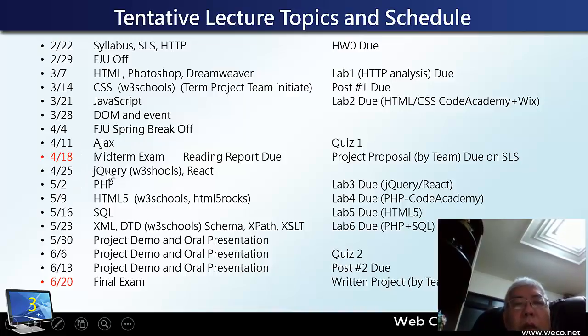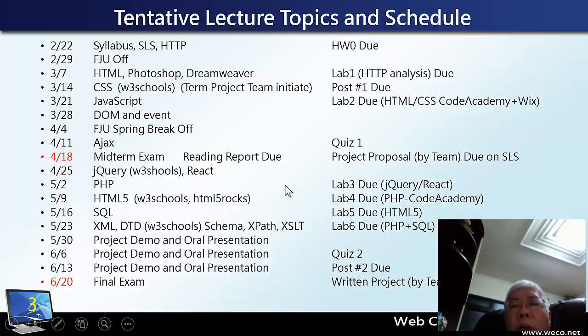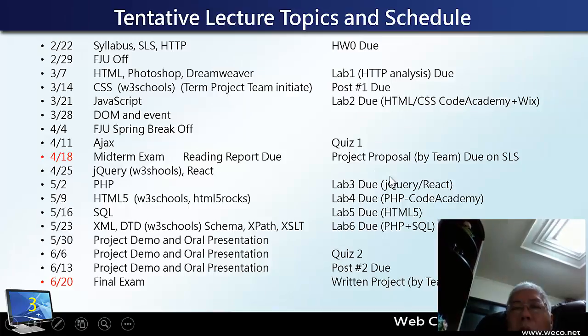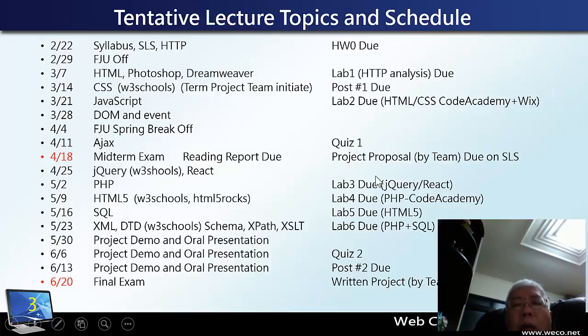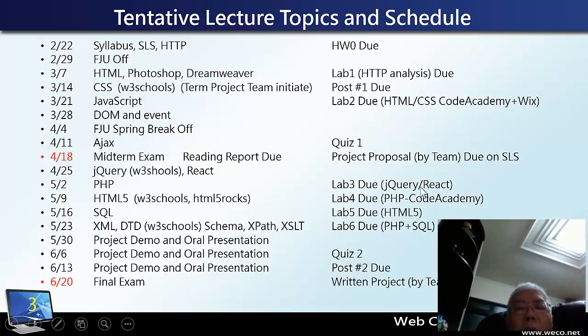Then the next week we have jQuery, and you can get the preview from W3Schools as well. And also React.js. Since the time is limited, we probably will not get into React Native. However, in the lab part, you might have React JS or React Native there.